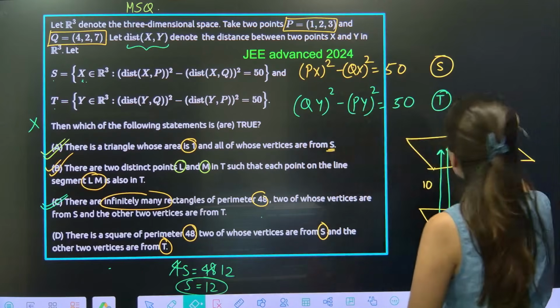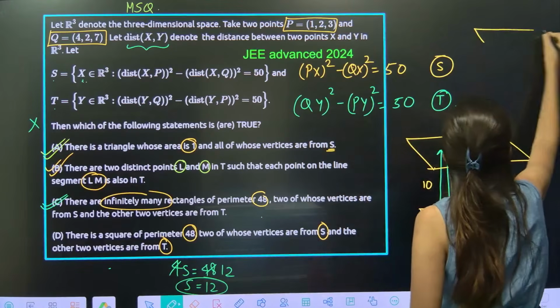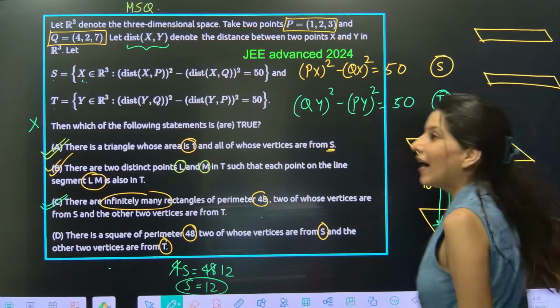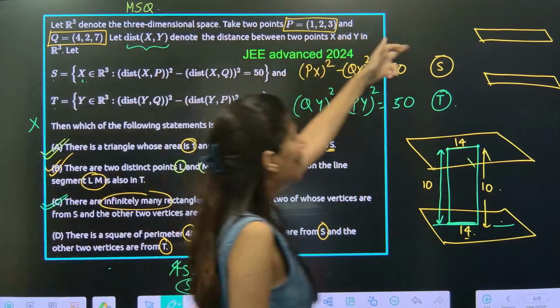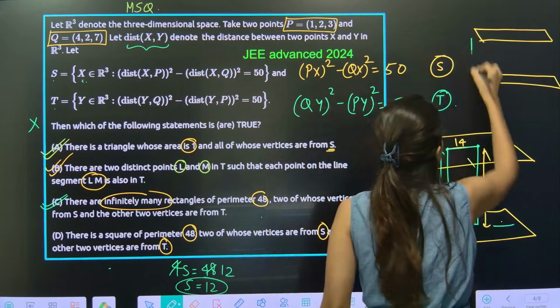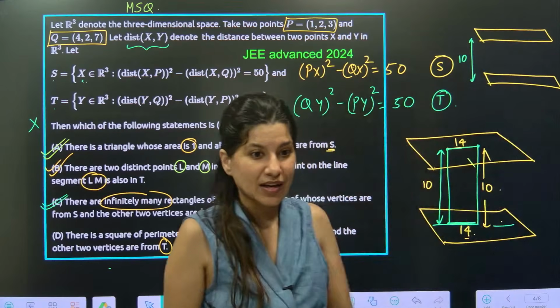I'll delete this and recreate it. So these are my 2 planes, plane number 1 and plane number 2, correct? Now I am here to create a square whose 2 vertices lie on S and 2 on T in such a way that the distance between them is 10 but the side of the square is 12.